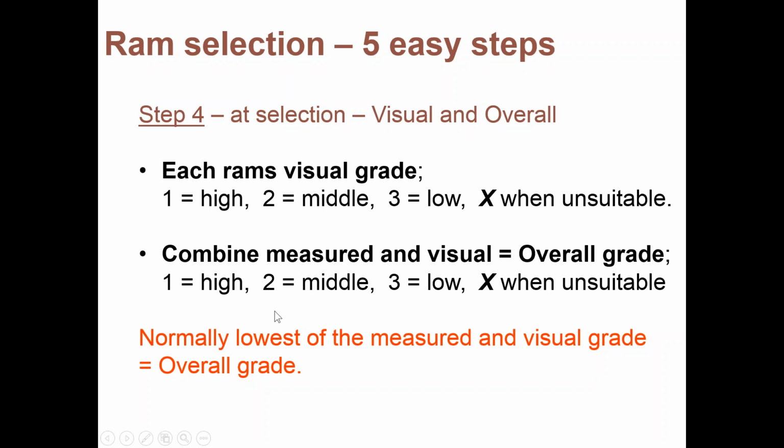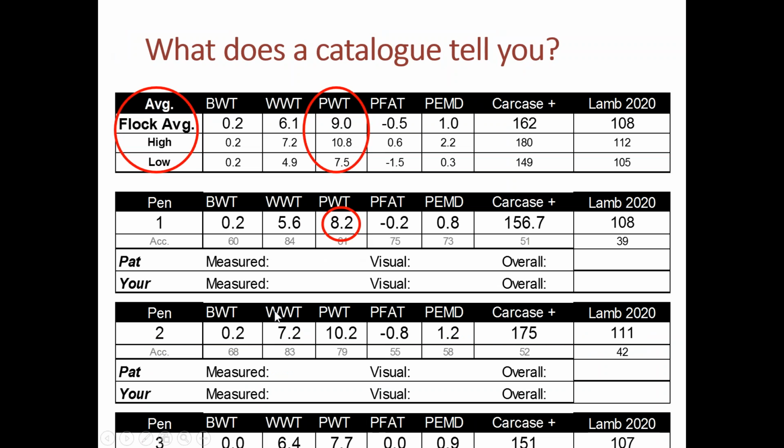And the way I do that is, for example, if we look back at our Pen 1, we've graded the ram for measured traits as a grade 2 because he was below average for that trait.